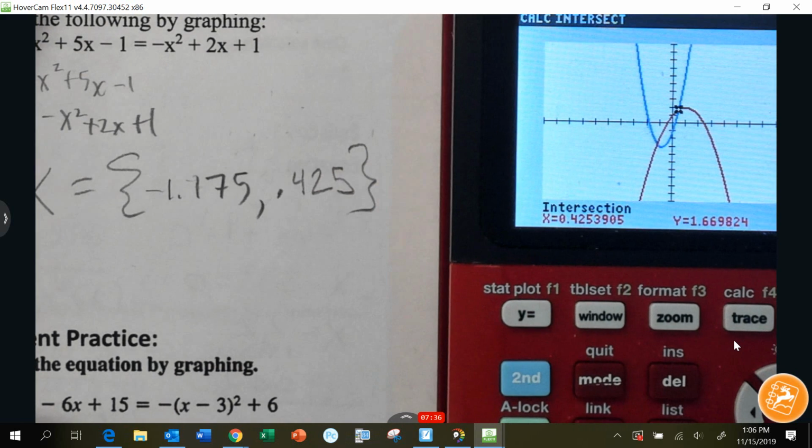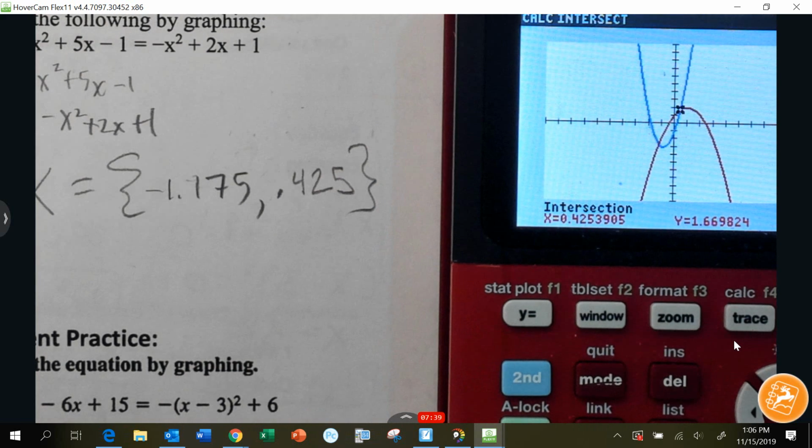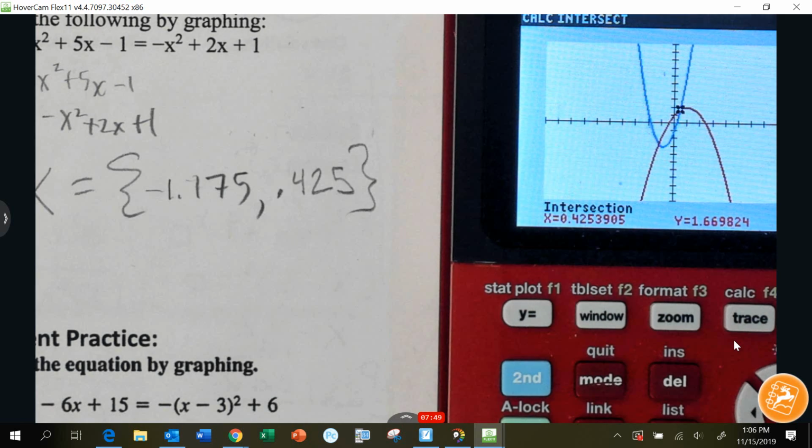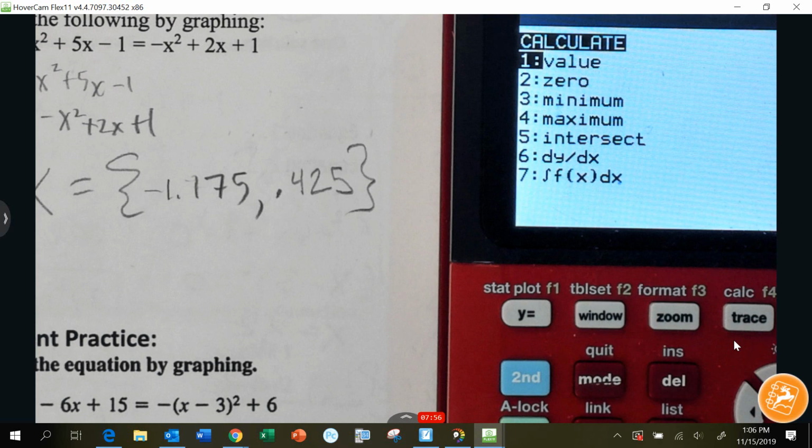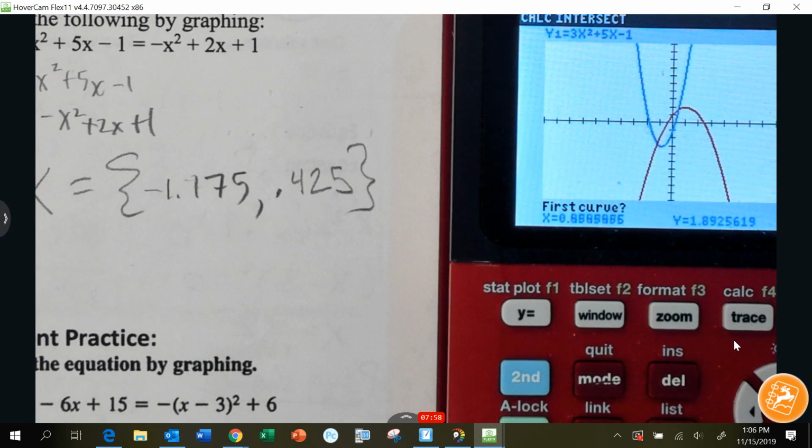How do you know that? If you use your arrow, it should pop between the two curves we graphed. If I move left or right, do you see how it's on the blue one?